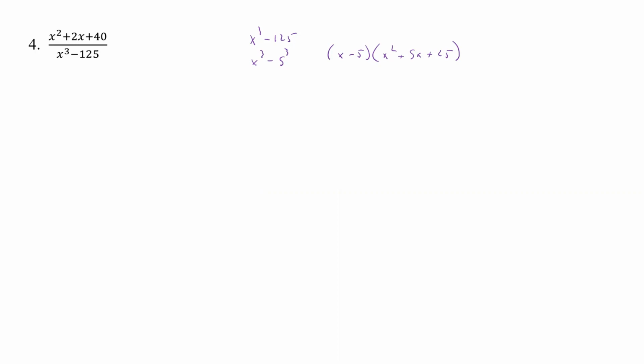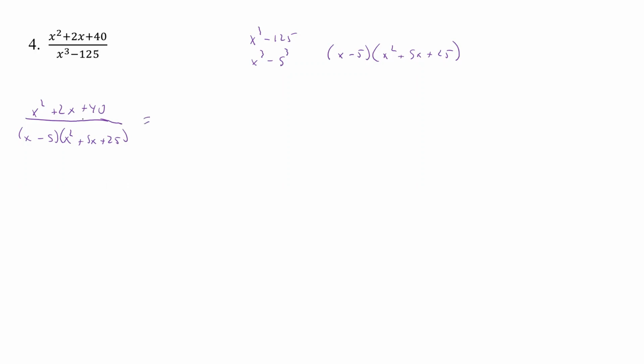And when we finish that, what we have to do is put the original numerator over that. So that's going to give us x squared plus 2x plus 40 over x minus 5 times x squared plus 5x plus 25. And so these are non-repeating irreducible quadratics.